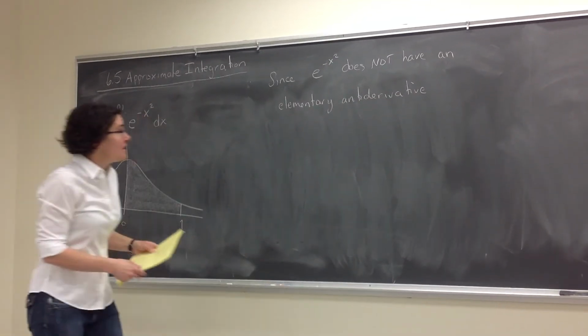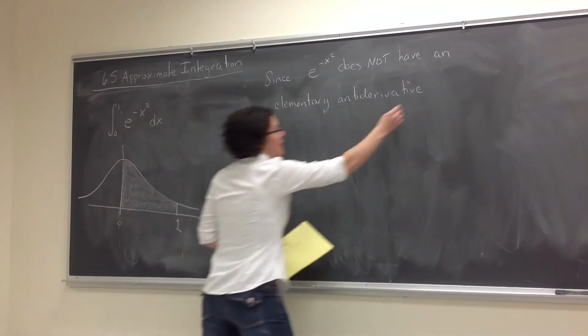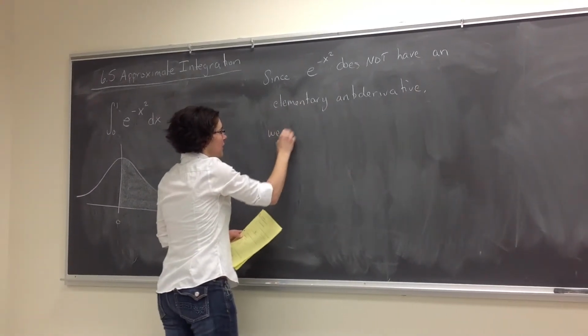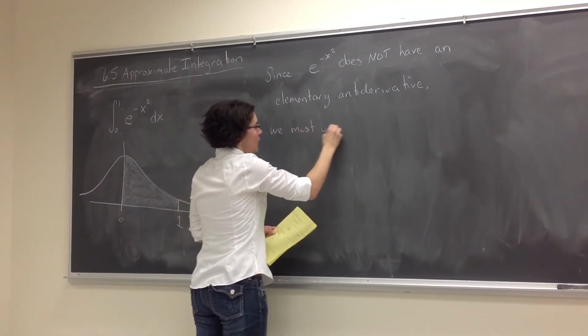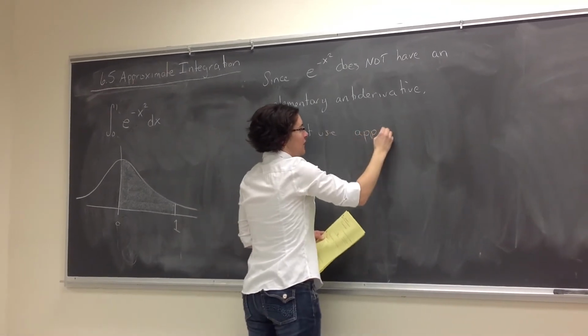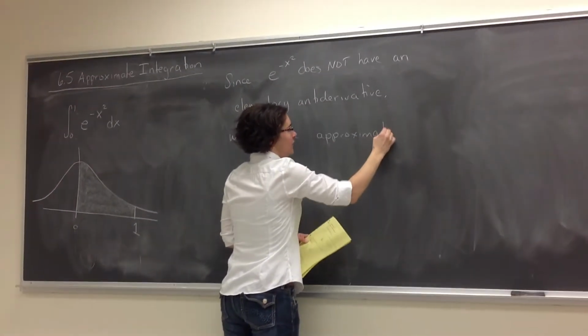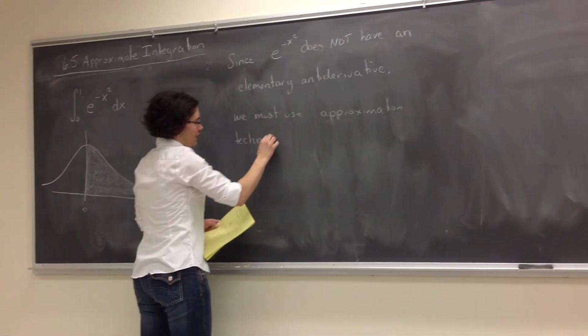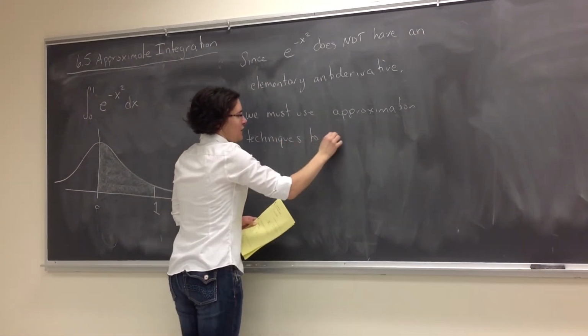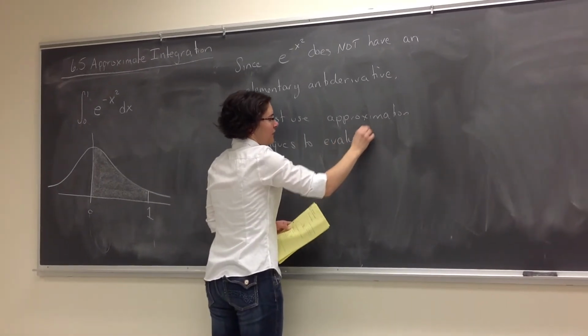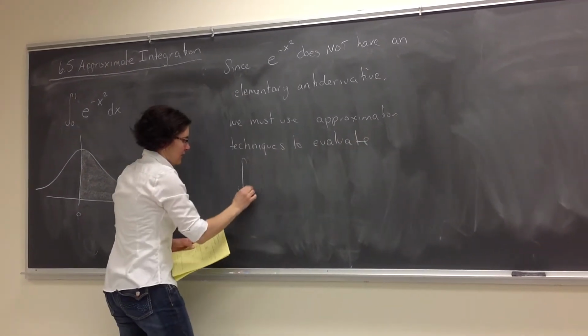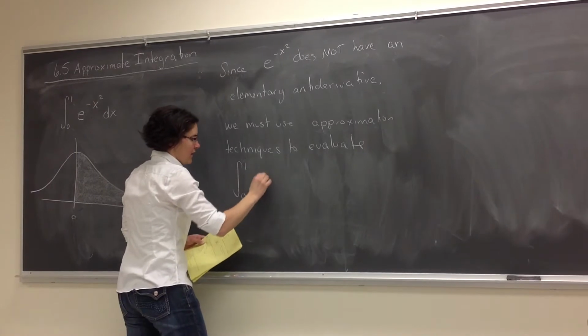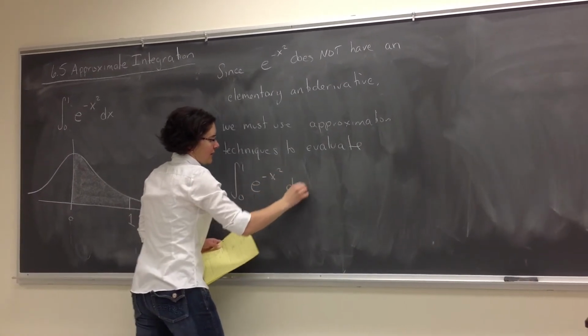Okay, so since e to the minus x squared does not have an elementary antiderivative, we must use approximation techniques to evaluate the integral from 0 to 1 of e to the minus x squared dx.